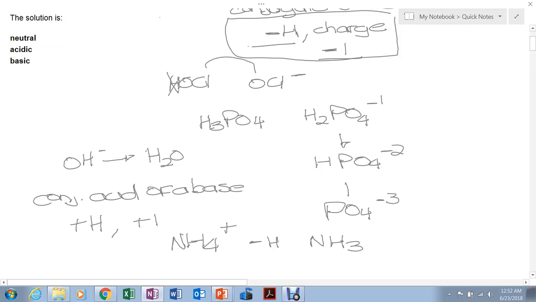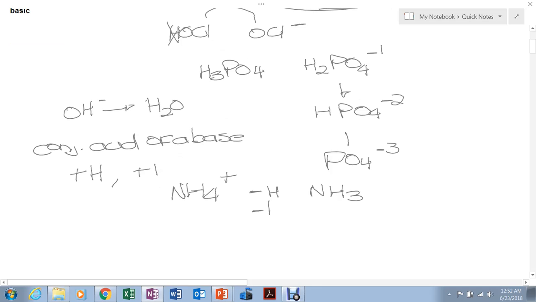That's a conjugate base of this acid, and we take one unit of charge, 0. And if we look at the opposite, NH3, the base, if we want the conjugate acid, we add a hydrogen, NH4, and the charge increases 1 unit.